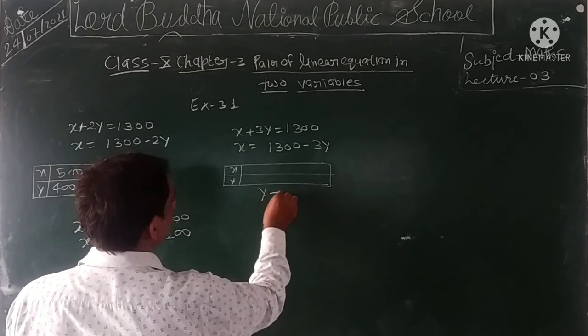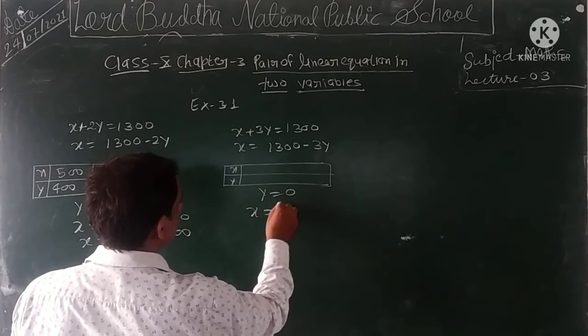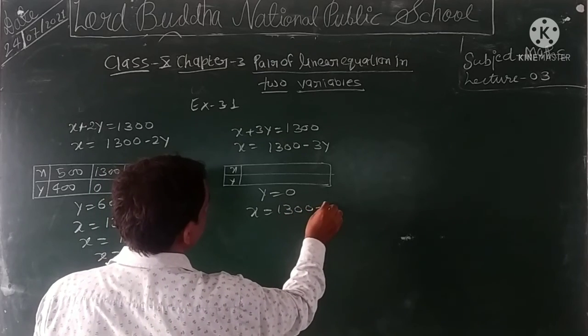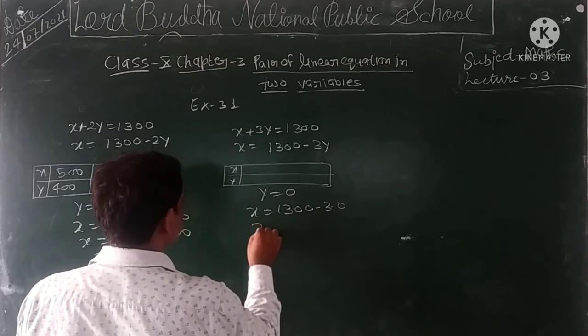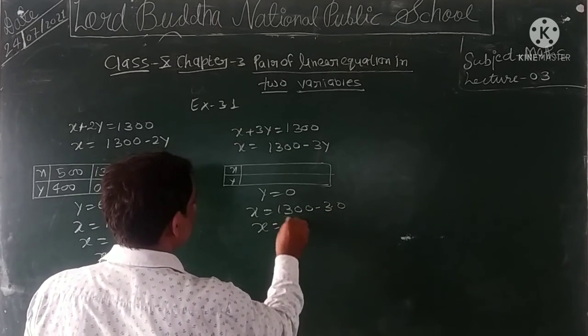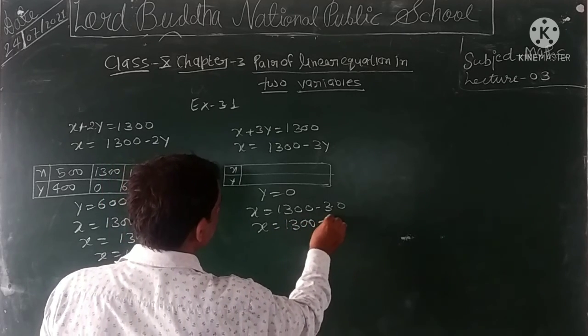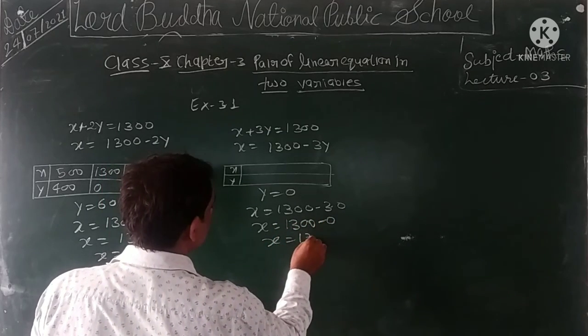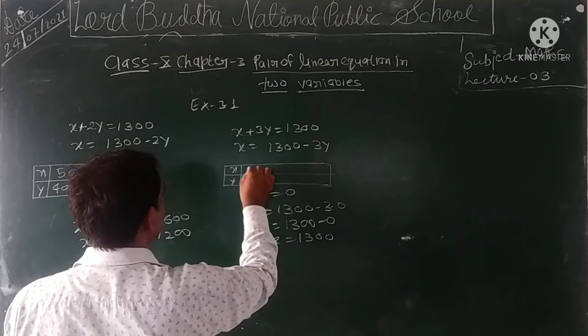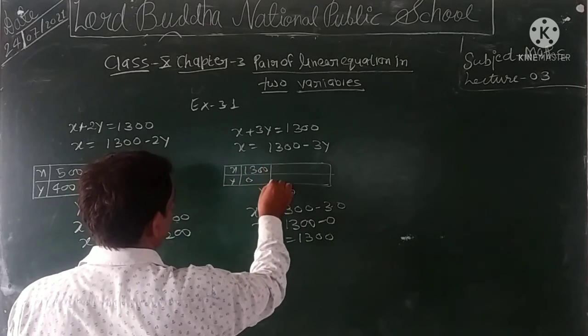Okay. Now we see. We put y equal to 0, x equal to 1300 minus 3 into 0, x equal to 1300 minus 0, x equal to 1300. So (1300, 0).